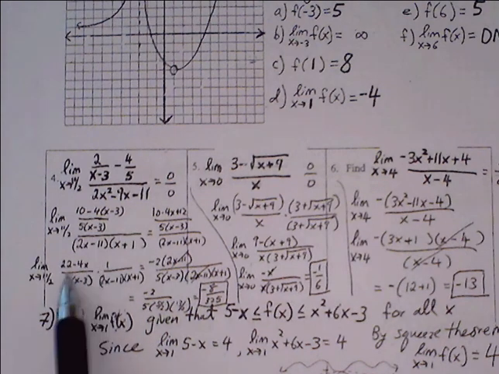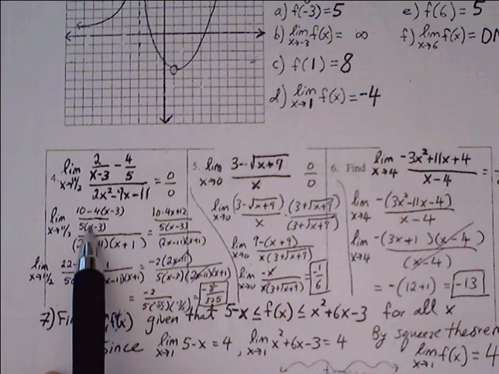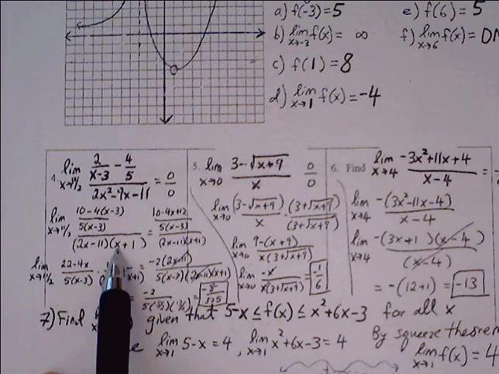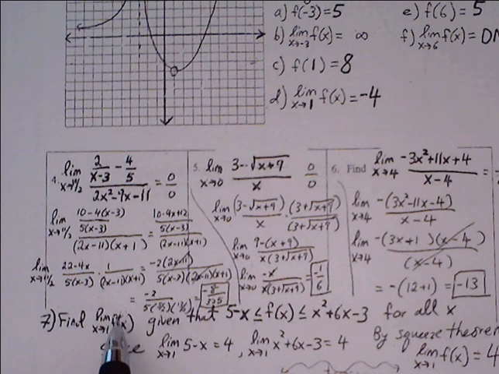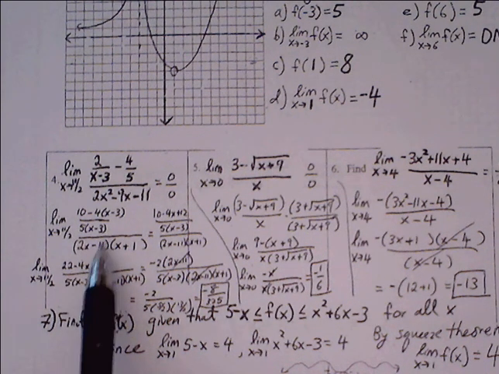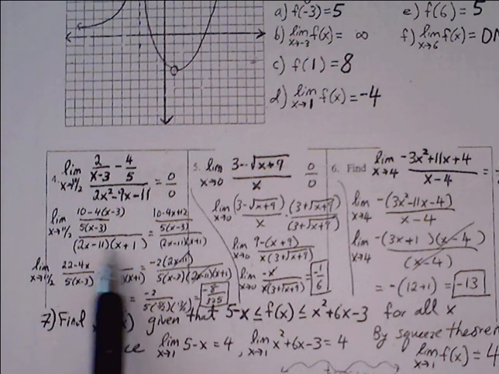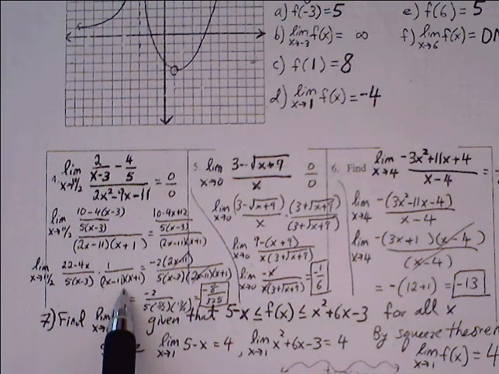One way that we can do this is we can multiply this fraction by the denominator. This is the same thing as multiplying the numerator by 1 over this 2x minus 1 times x plus 1. So that's what we have here.